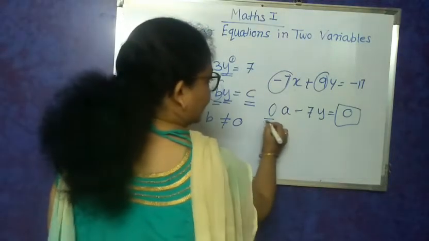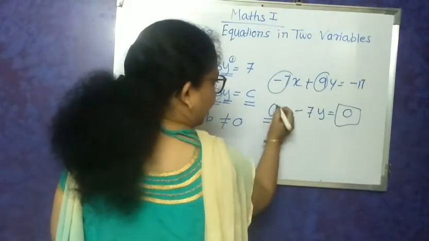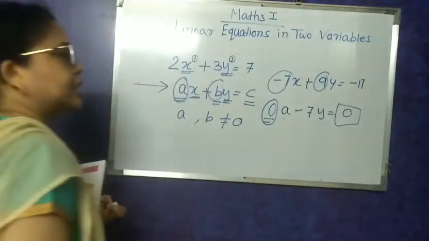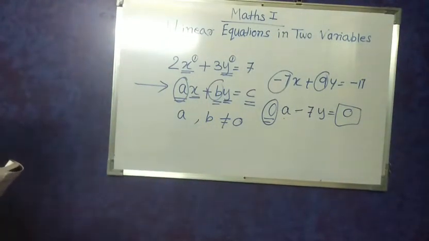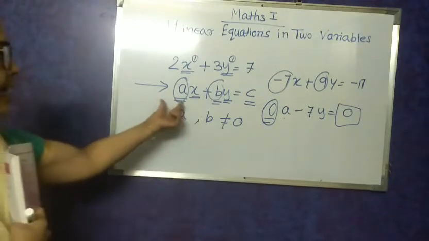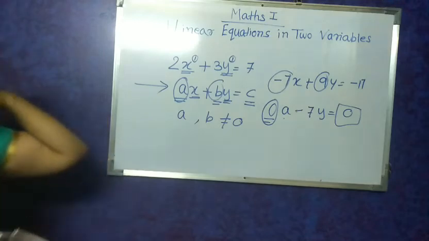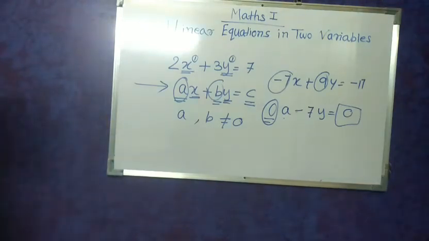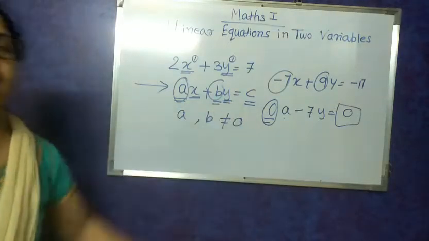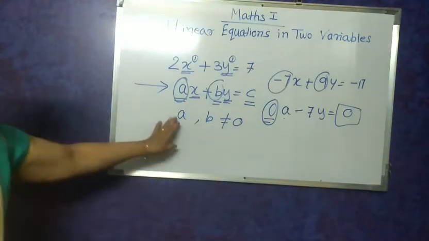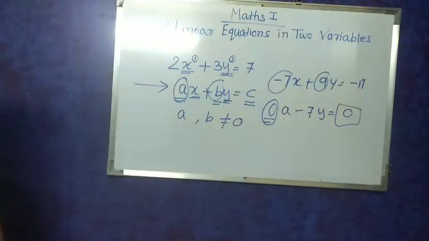But if the coefficient of a variable is 0, then it's not a linear equation. Clear? So linear equation means ax plus by is equal to c, the standard form, where a, b, c are real numbers and a or b is not equal to 0.